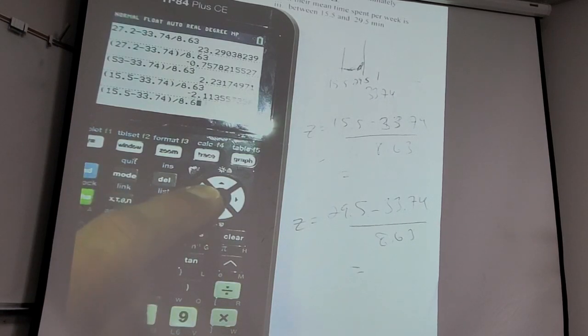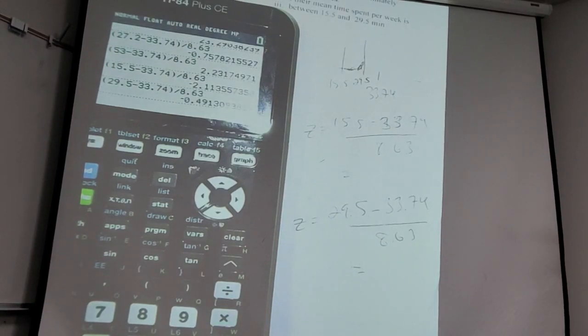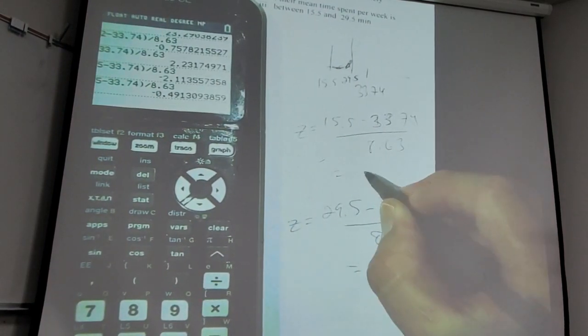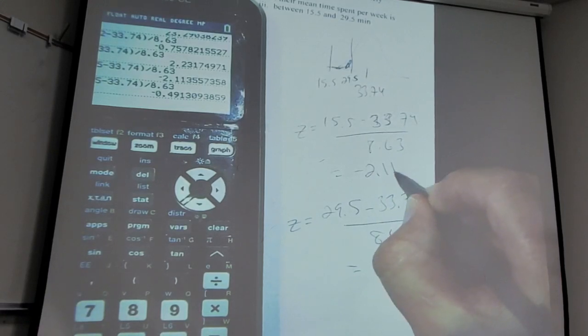Shabam. And then I can just do second enter over here and make this 29.5. Shabam. So I get negative 2.11 and negative 0.49.